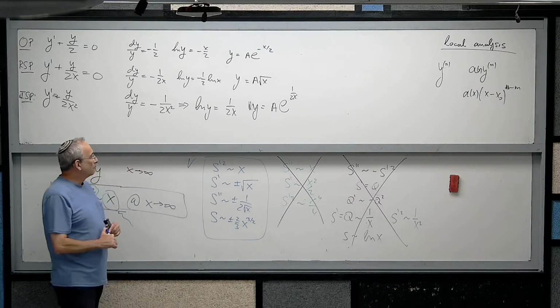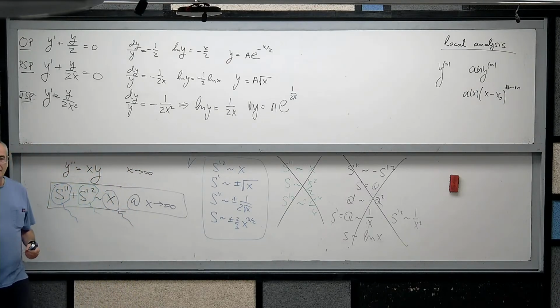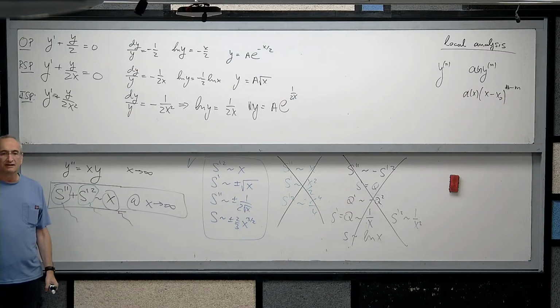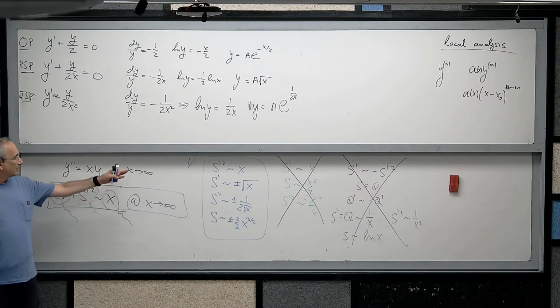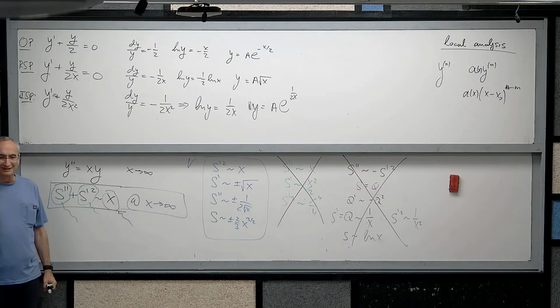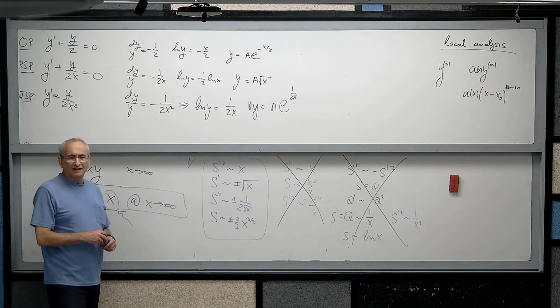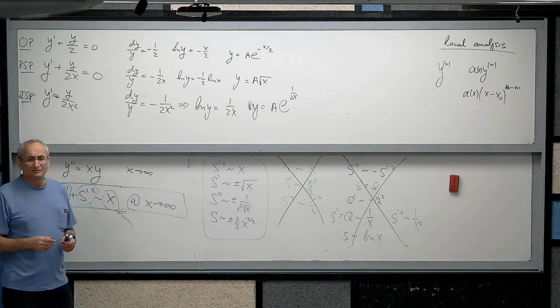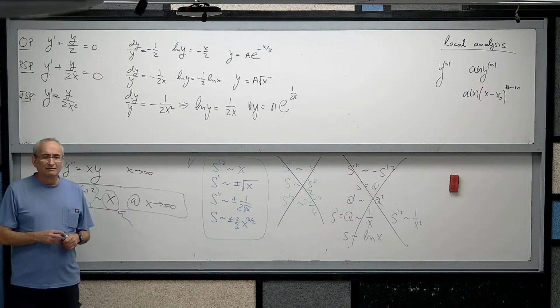Of course you can do this dominant balance consideration every time, but it almost always happens that the S prime squared is a correct term to take. There is a reason for that which I've forgotten over the years.